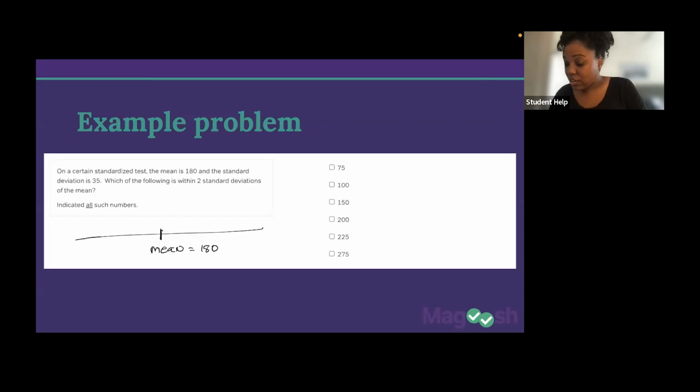And we know that our standard deviation is 35, right? Plus 35 and minus 35. See if that helps you with finding the answer to this specific question.